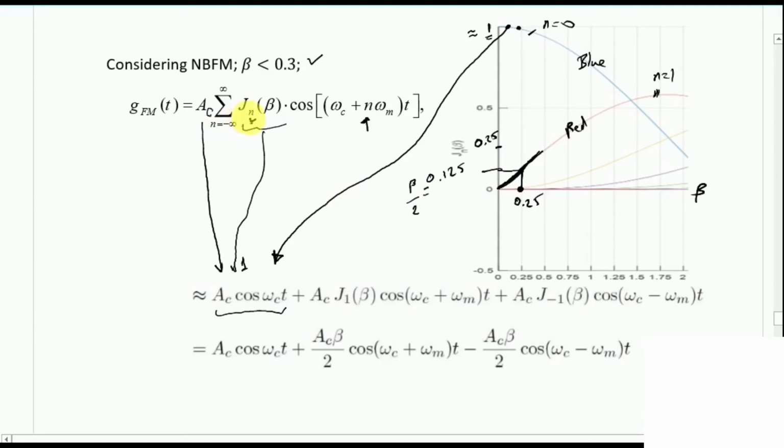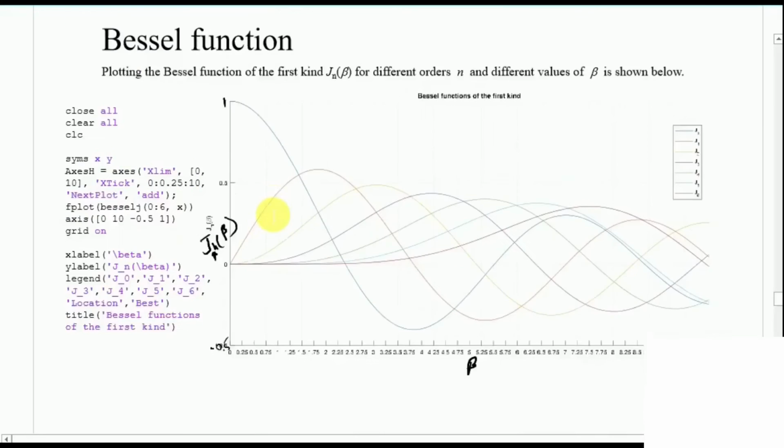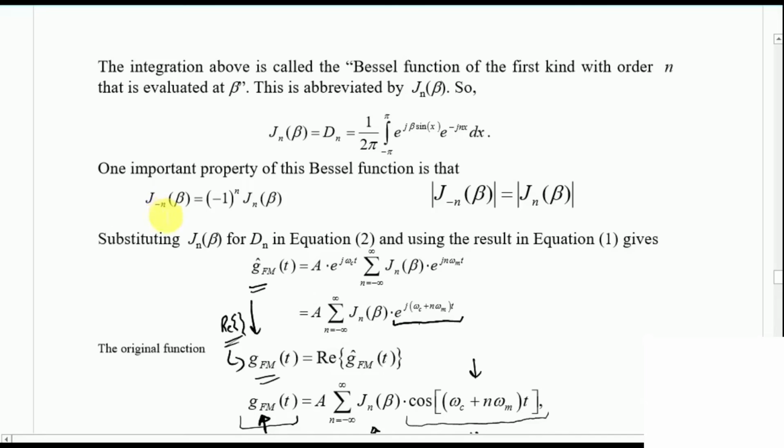So when your n is equal to 1, J1 of beta is simply equal to beta by 2, right? And AC can be reproduced as it is. And next, your n is 1, so we will have cos of omega c plus omega m. Now we have mentioned previously that the Bessel function follows anti-symmetry on odd values of n.